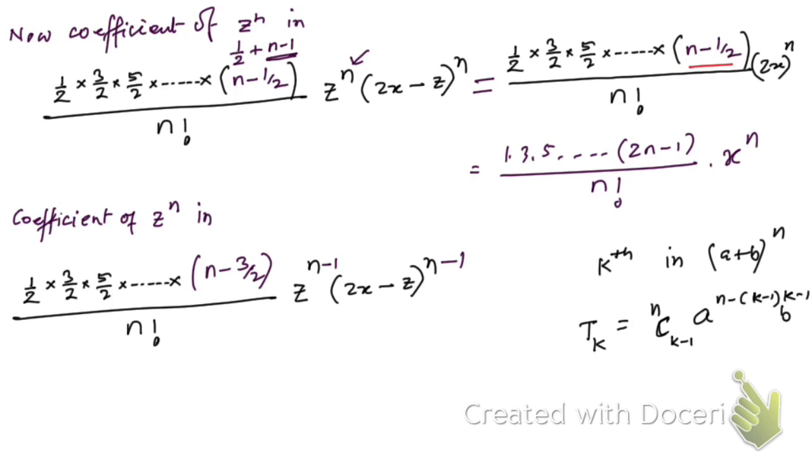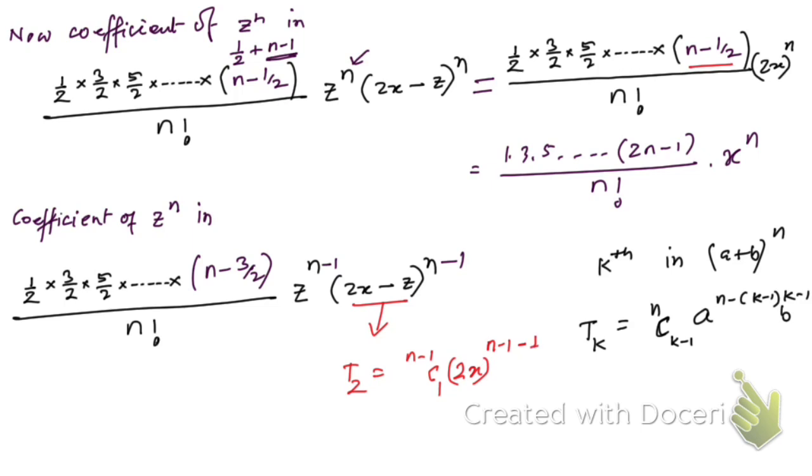So if we apply that, the second term of this expansion, that is t2, is going to be equal to nC, where instead of n we have n minus 1, C, then 2 minus 1, that means n minus 1 C 1, then a to the power, instead of a we have 2x whole to the power, instead of n we have n minus 1, minus (k minus 1).